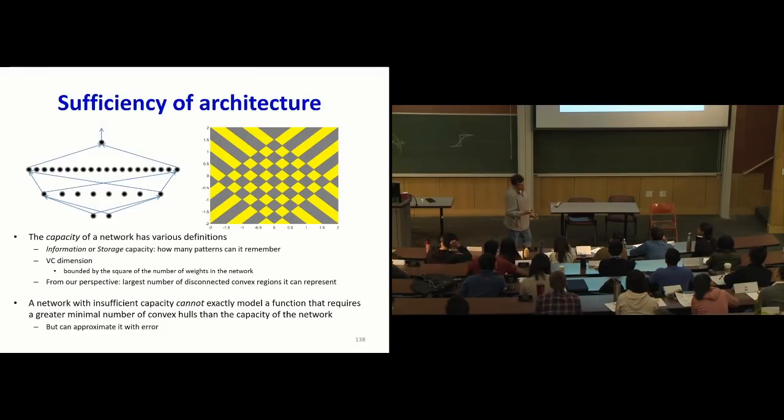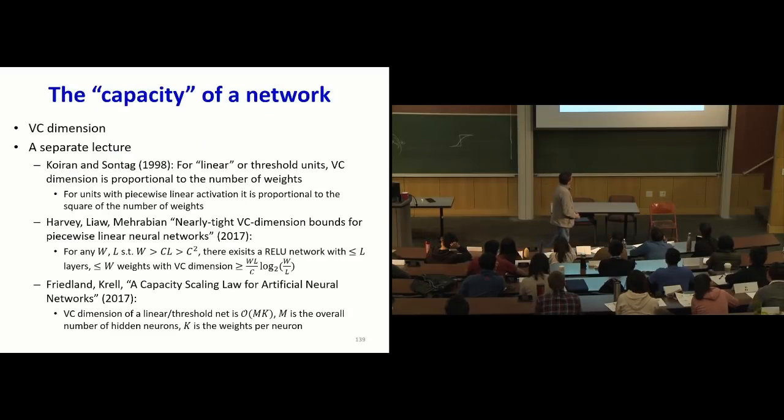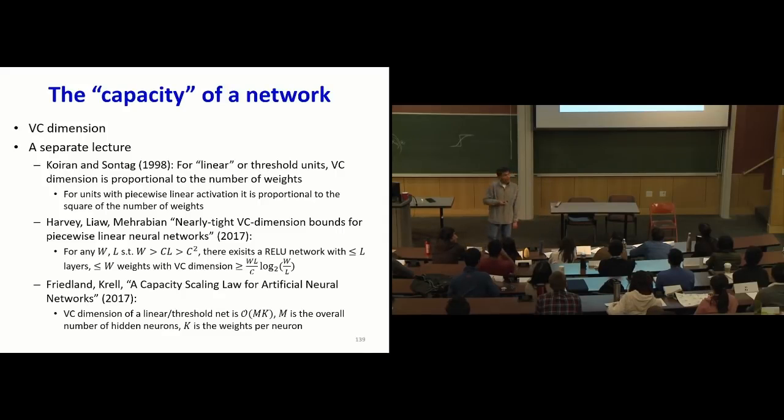even if that function is perfectly modelable by a network. Now, in terms of the capacity of the network, there's again a great deal of work on trying to quantify it, mostly in terms of VC dimension. So many different results. Koiran and Sontag had the first paper in '98, where they said that for units with piecewise linear activation, like ReLUs, the VC dimension of a network is proportional to the square of the number of weights in the network.